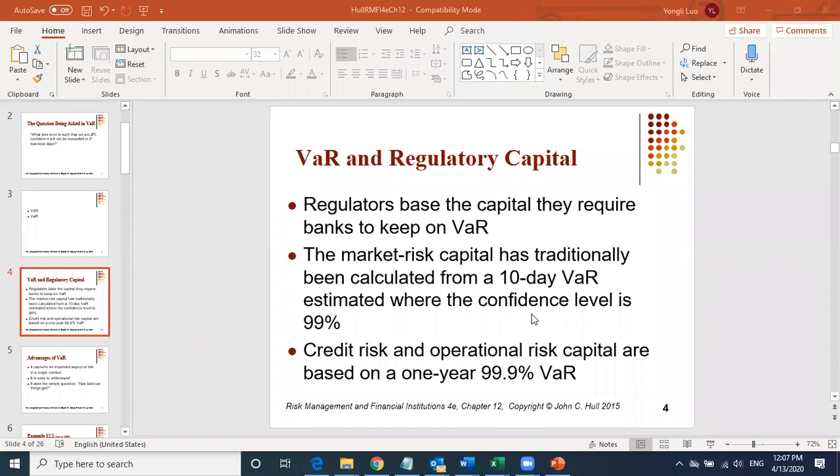Some of the capital has to be 99%, and some even higher, 99.9%, based on the risk tolerance of the customer. Actually, this is one of the things written in Basel III. All the capital management in the bank must have a clear statement of your probability of default and value at risk.